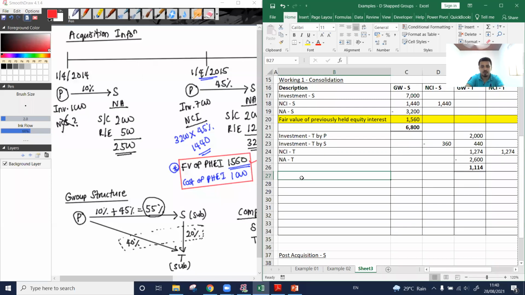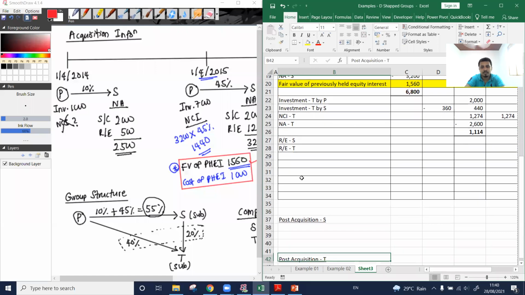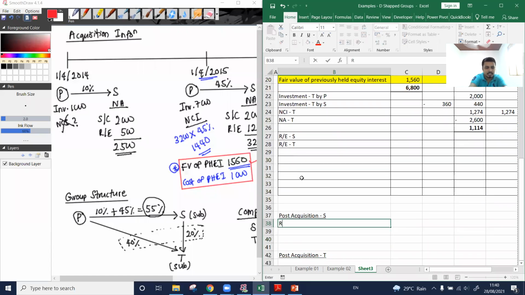We need to allocate the post-acquisition profits of our subsidiaries, S and T. Post-acquisition of S. Retained earnings as at balance sheet date of S Limited was how much?